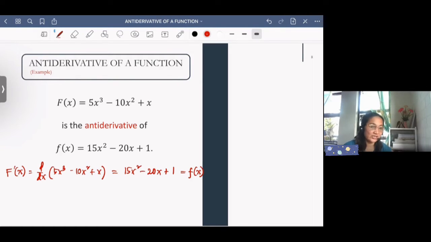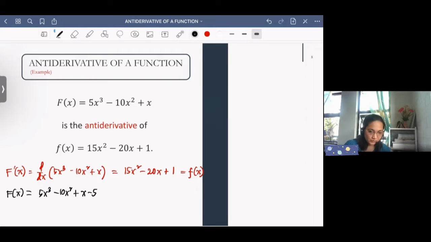So as mentioned earlier, the antiderivative of a function is not unique. So we can actually have other antiderivatives of our small case f of x. So let's say, for example, we have the function uppercase f of x equals 5x cubed minus 10x squared plus x minus 5. So this can also be the antiderivative of small case f of x equals 15x squared minus 20x plus 1. So why?